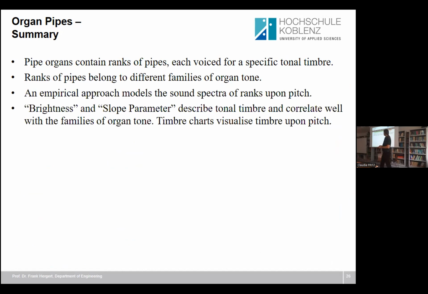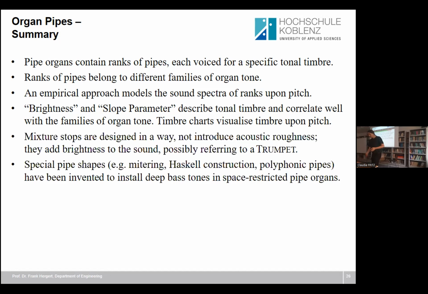Then you've seen I've made up an empirical, simple model, I would say, to fit the sound spectra of these ranks across the pitch. And I've got two parameters, which I call brightness and the slope parameter, because they describe the tonal timbre and correlate well with the families of organ tone. We could visualize this and use it for voicing.